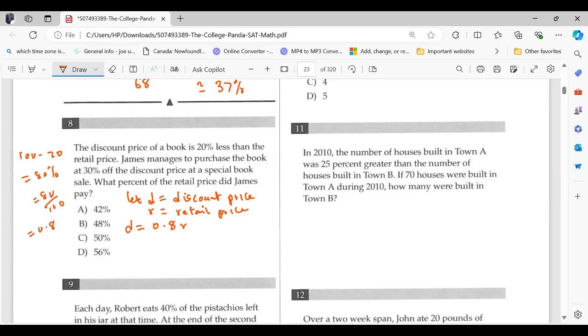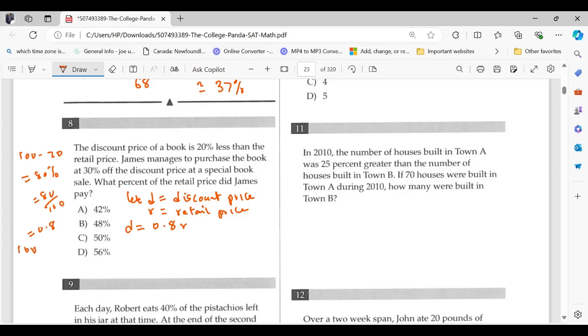Now James manages to purchase the book at 30% off the discount price. So this is further reduced by 30%. So that is 70%. Our multiplier is 0.7.